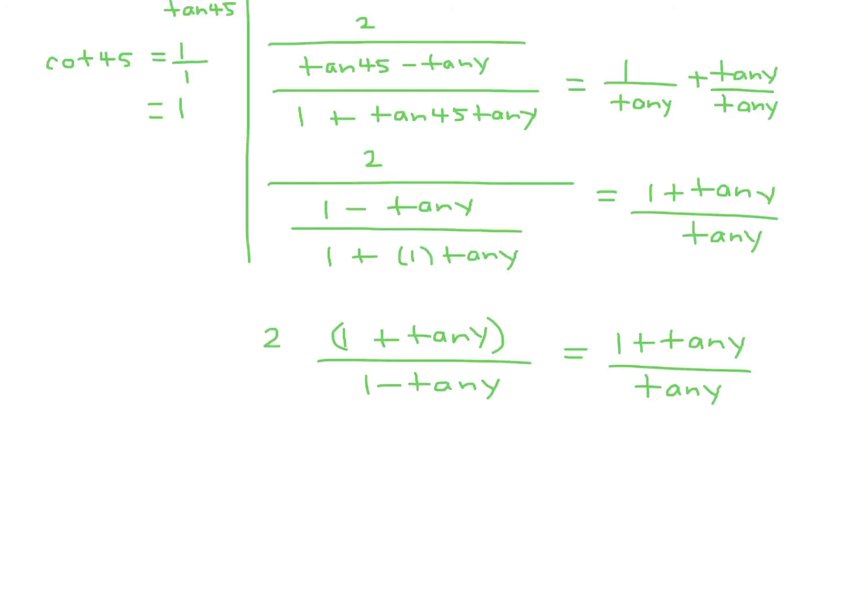All right. Cross multiply this guy. So we get 1 minus the tan of y all squared. Cross multiply that guy. Be careful here. 2 tan of y. And we get plus 2 tan of y squared.